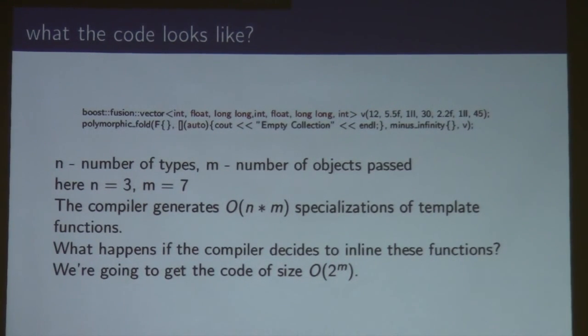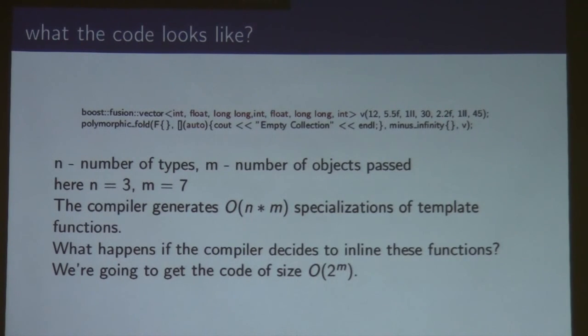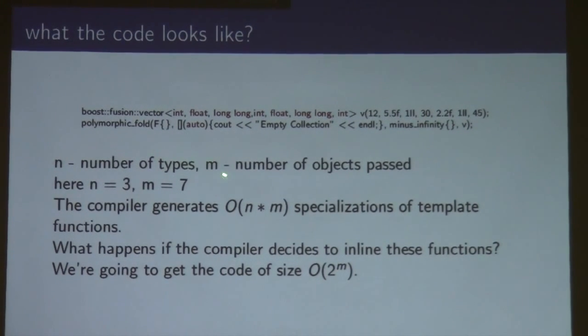You can compute it on paper, but in our use case this vector usually has at most 3 elements, so we just don't care so much. But at least for me, it's an interesting observation that you can pretty easily write code which can later be exponential in size after compilation. Any questions?